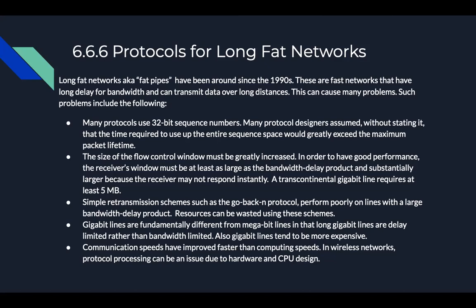Simple retransmission schemes such as the Go-Back-N protocol perform poorly on lines with a large bandwidth delay product, and resources can be wasted using these schemes. Gigabit lines are fundamentally different from megabit lines in that long gigabit lines are delay limited rather than bandwidth limited. Also, gigabit lines tend to be more expensive.